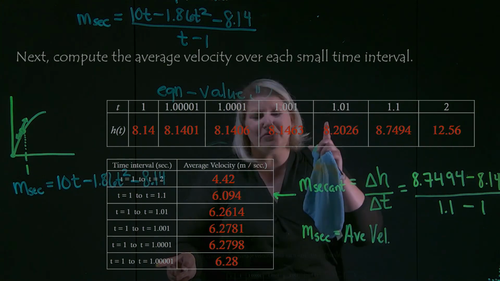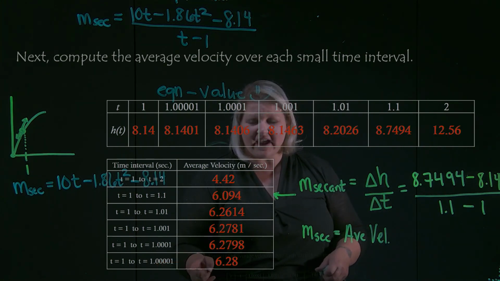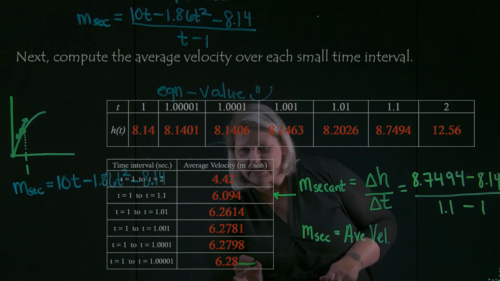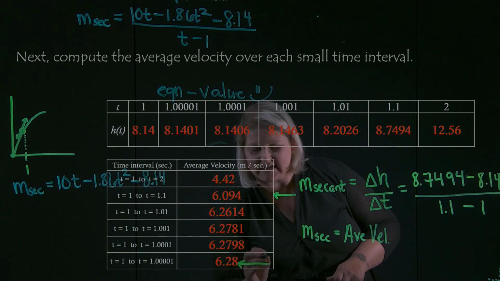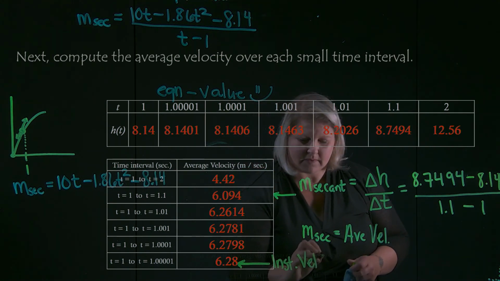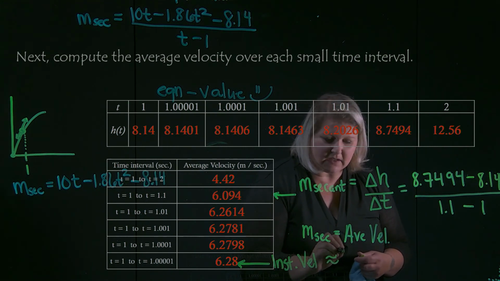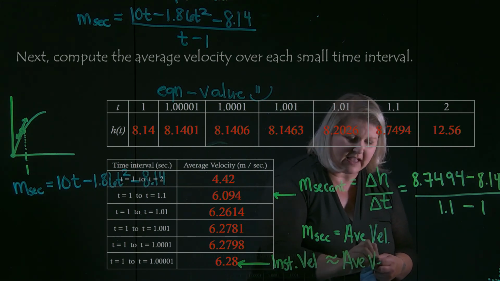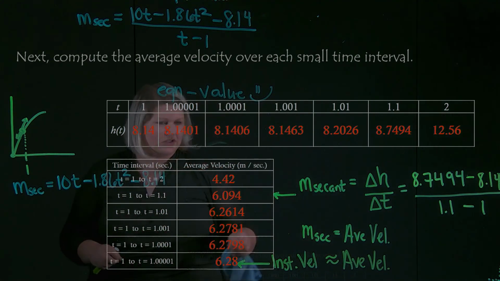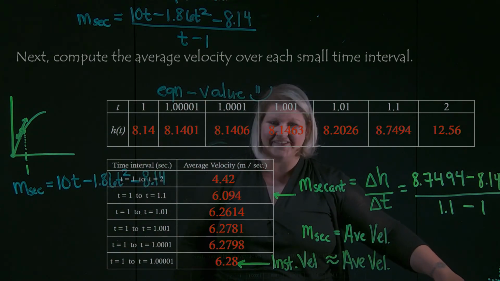That is extremely close. And so at this point, the instantaneous velocity is pretty close to the average velocity. We're not going to say that they're exactly equal to each other, but they are approximately equal to each other.